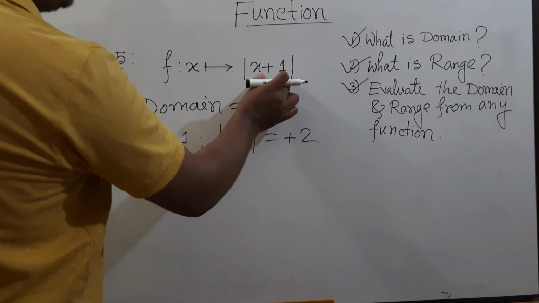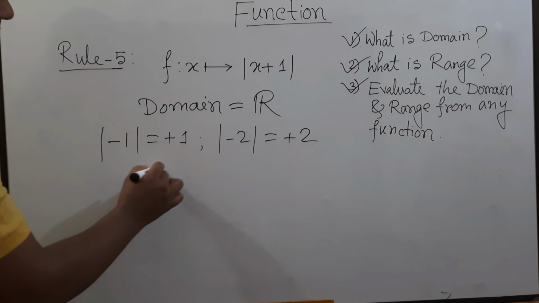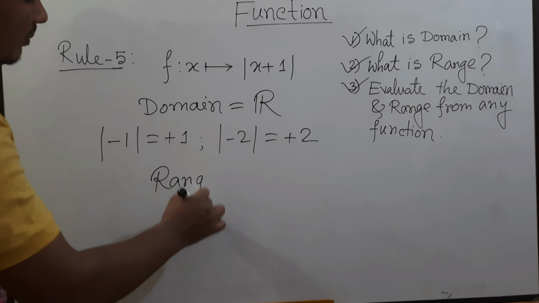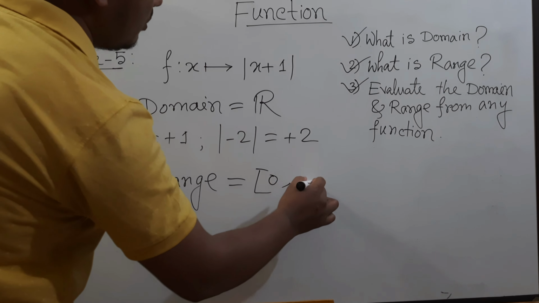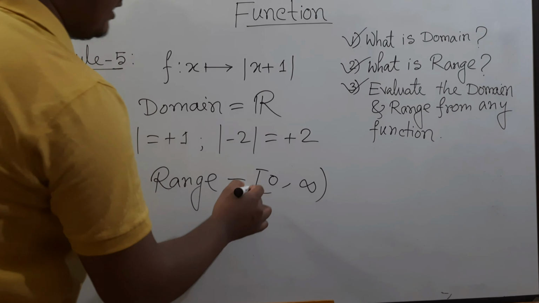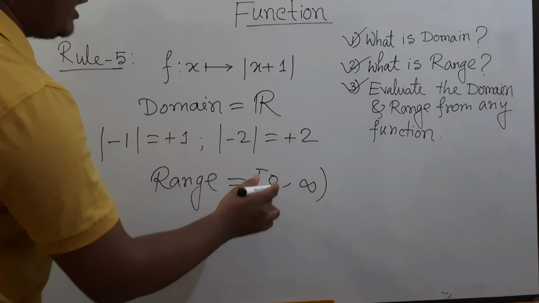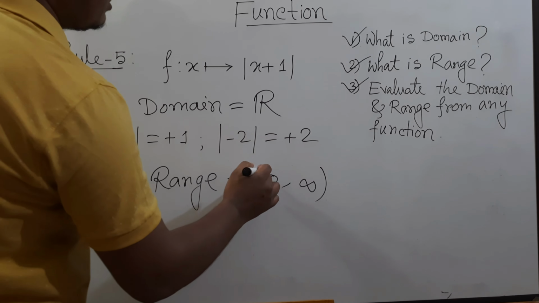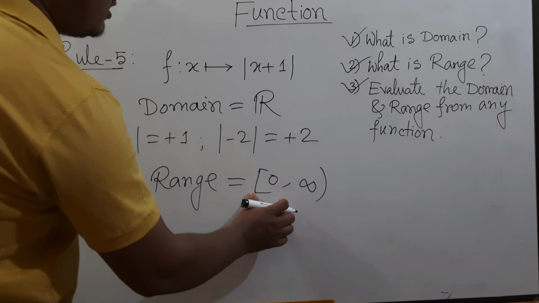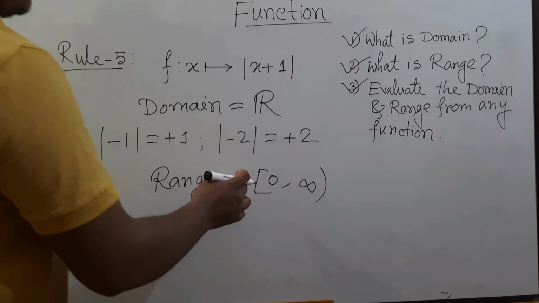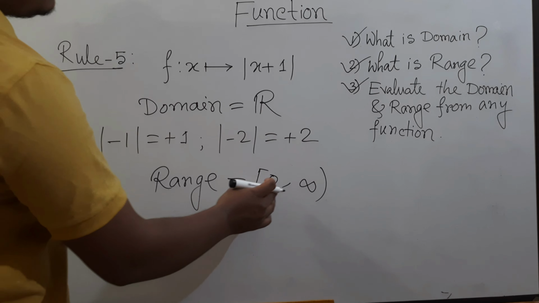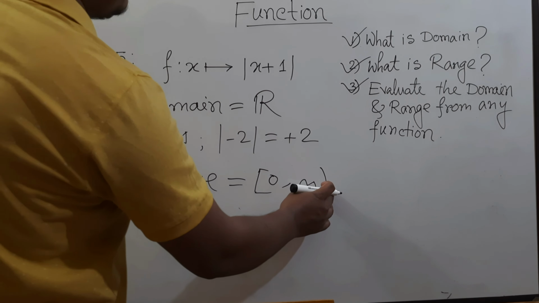That is 0. So the range of this function will be 0 to plus infinity. This sign means equal, it's a closed interval. That means 0 is included, 0 to plus infinity.